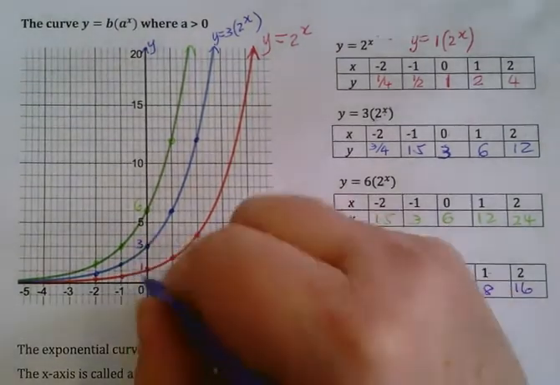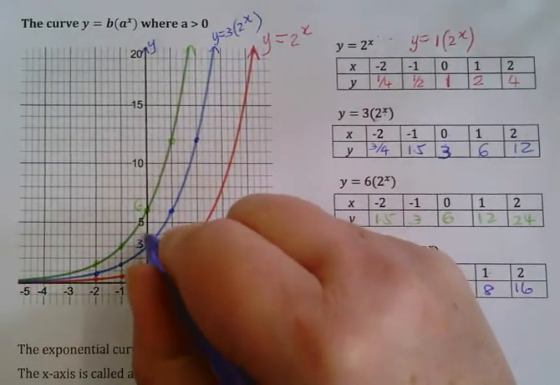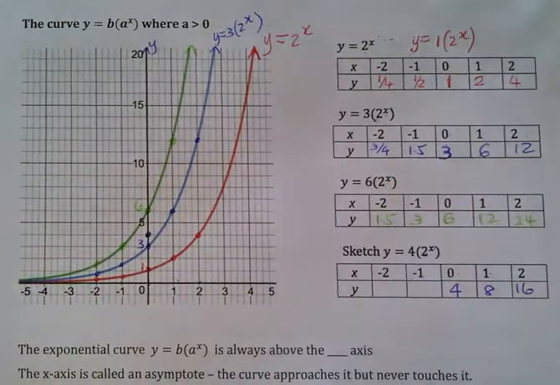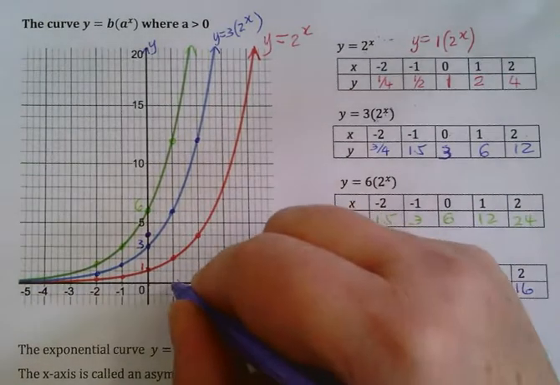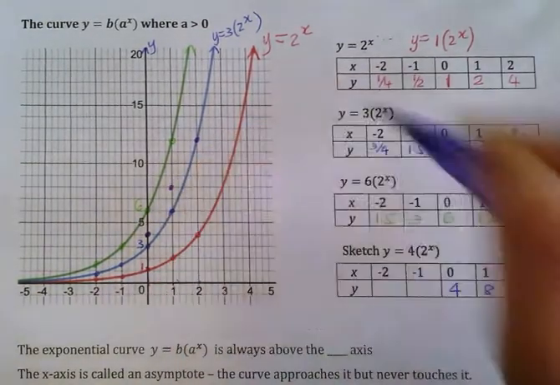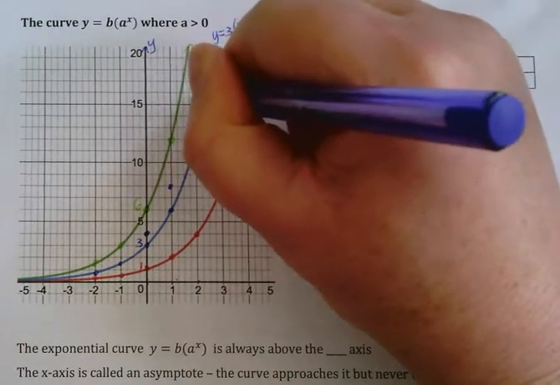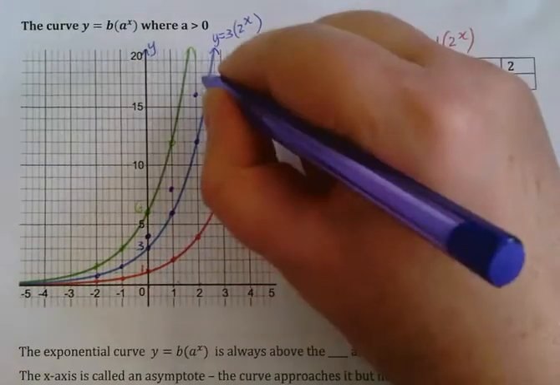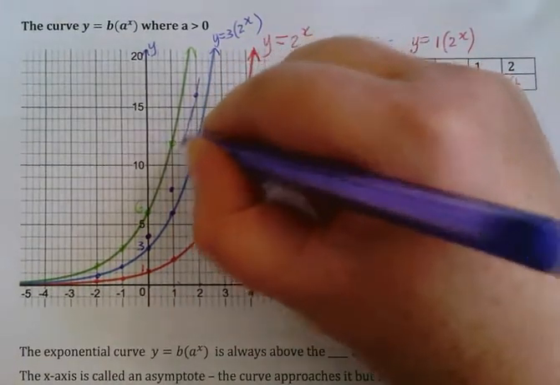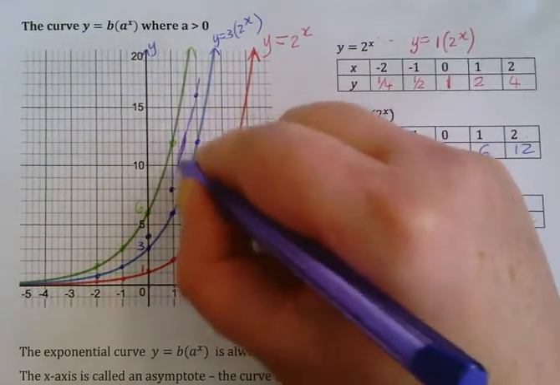I'm going to sketch those three first. 0, 4. That's 4 there. 1, 8 is there. And 2, 16 is here. Now, I have to join those with a smooth line. I'm doing it in purple.